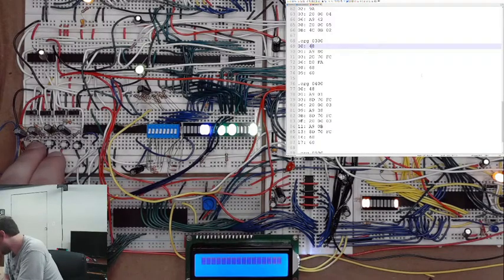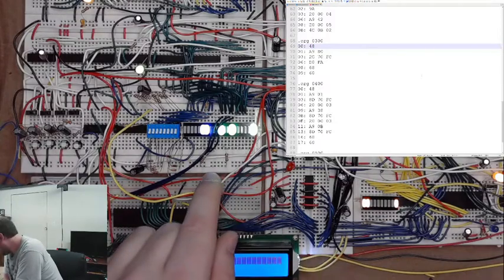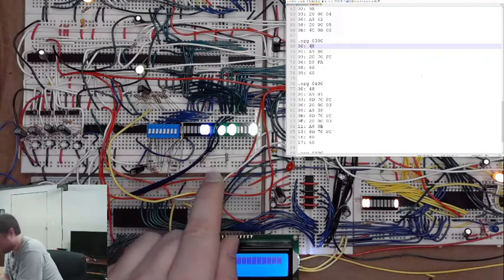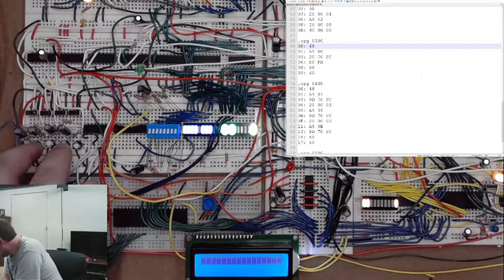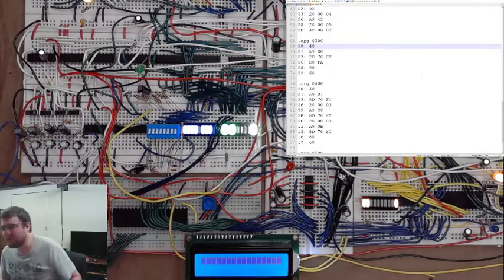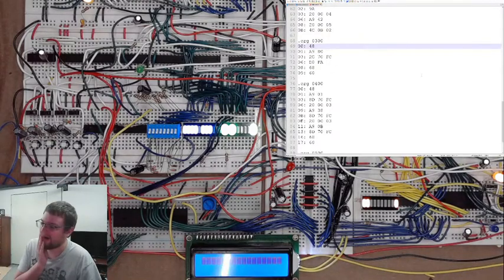Okay. I don't know where we are. What? We're in 0-3, 9. And now we're at 3. Now we're going into no man's land because we are at 3A, which we definitely should not be. Okay.